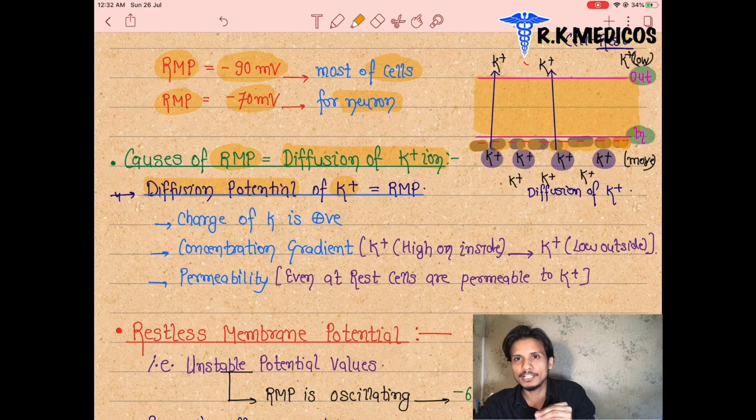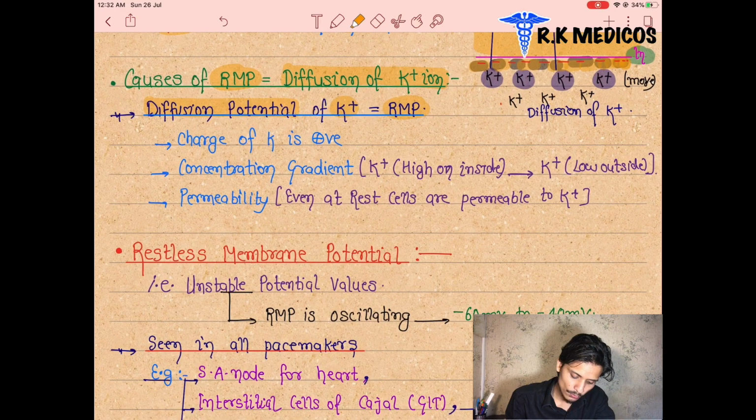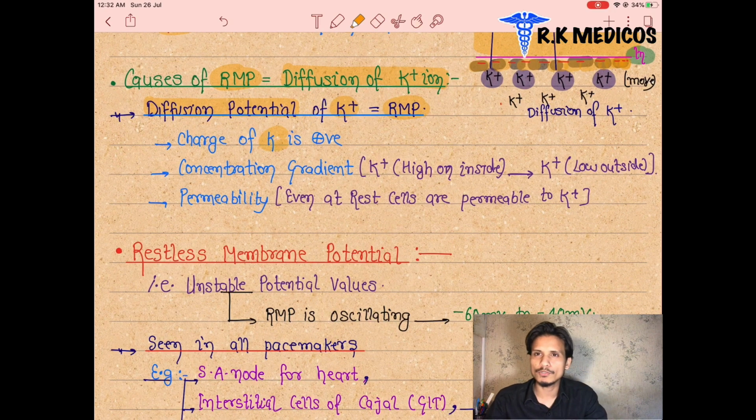When potassium ions move outside from higher concentration to lower concentration, that potential created is called the diffusion potential of potassium, and it maintains what? The resting membrane potential. What is the resting membrane potential caused by? The charge of the potassium ion is responsible for maintaining it. The concentration gradient, higher inside the cell and lower outside the cell, also maintains the diffusion potential.